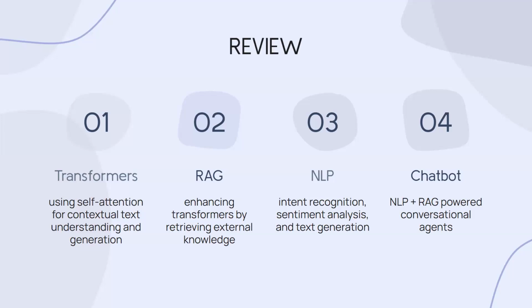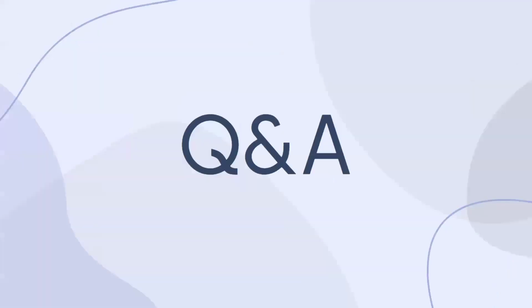We have NLP, where we talked about text generation examples, and how it doesn't always need to be text generation. We sometimes want to analyze it using machine learning techniques or AI. And then finally, we put all of that together to redefine what a chatbot is. And that's the conceptual understanding of it.